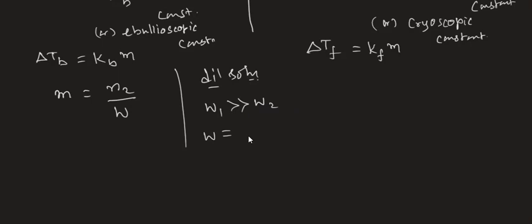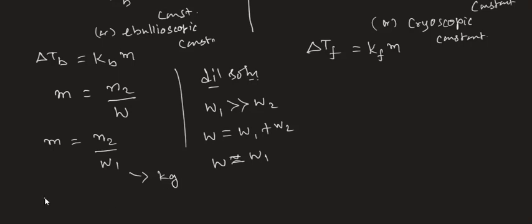We know W is equal to W1 plus W2. Compared to the weight of the solvent, the weight of the solute is very, very less, that is negligible. So approximately W is equal to W1, and you can replace this. Therefore, m is equal to n2 divided by W1. This W1 should always be mentioned in kg.